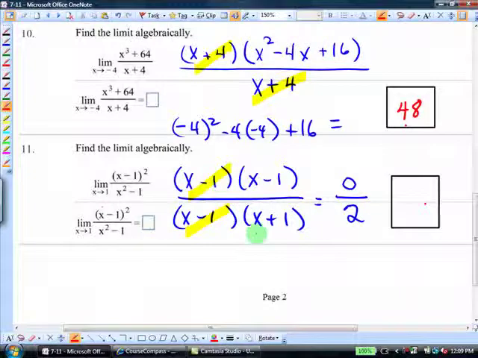So I did the factoring, and I end up with x minus 1 over x plus 1. So that's okay on the bottom. I get 0 on the top. That's okay. I can have a limit of 0. So you will have to kind of remember your factoring for this little exercise. Okay. Questions?